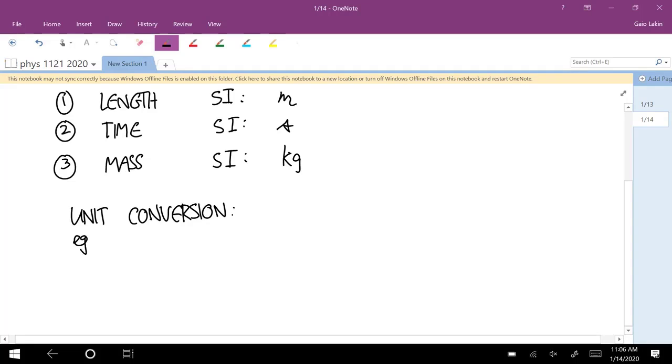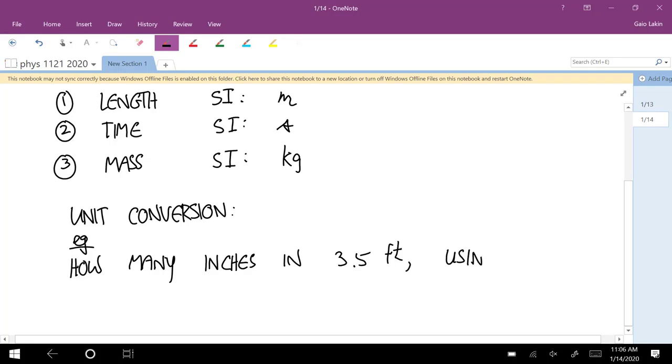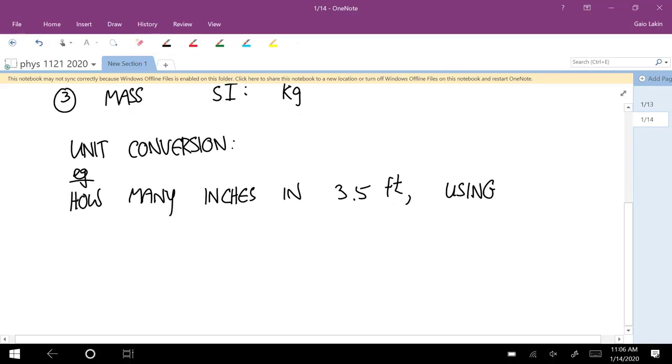So for example, how many inches are there in 3.5 feet? And to do that, we're going to use the fact that 1 foot is equal to 12 inches.